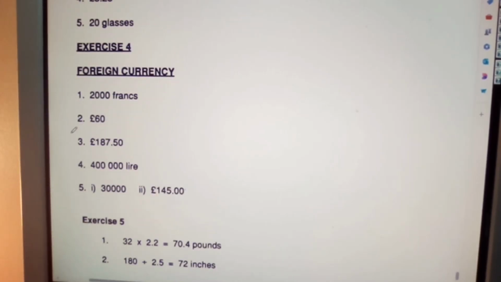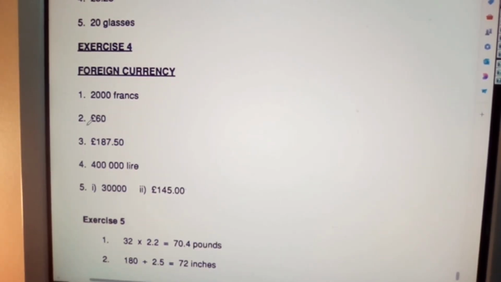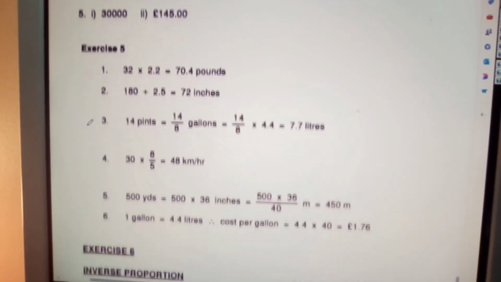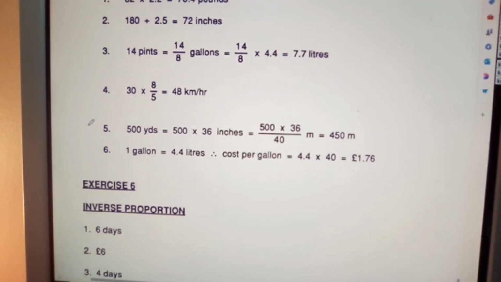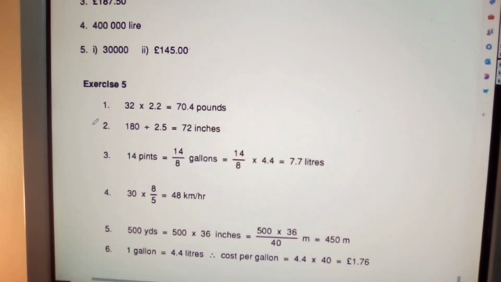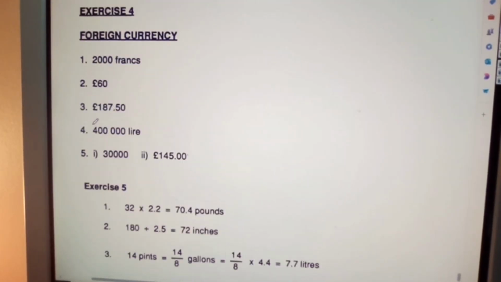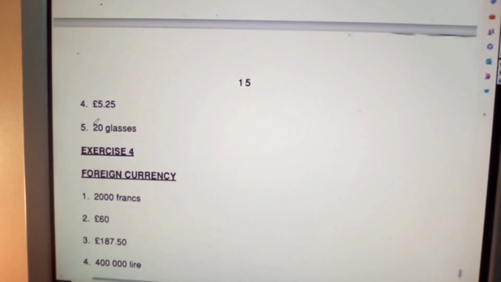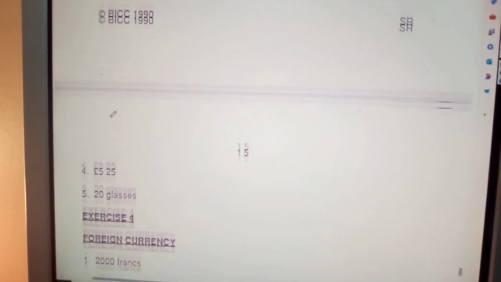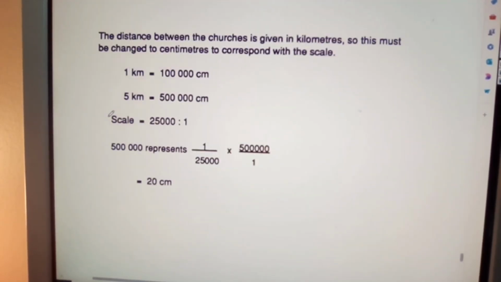Okay, here are the answers, I think, to some of the questions. Foreign currency exercises 5. Okay. Exercise 6. 1 second. Where's my answer? Did I get an answer from my previous? It's okay. I'm just reminiscing.